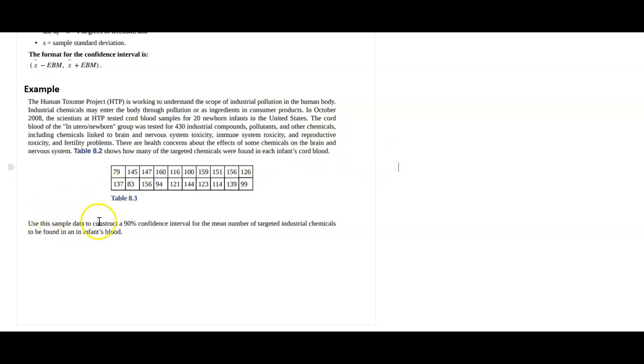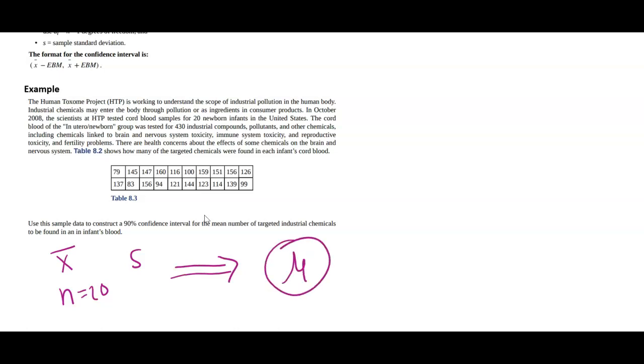So we're going to use this sample data to construct a 90% confidence interval for what we think the true mean is going to be. We're taking this sample of size 20, and asking what we think the true mean industrial chemical exposure is for all newborns, if you will.